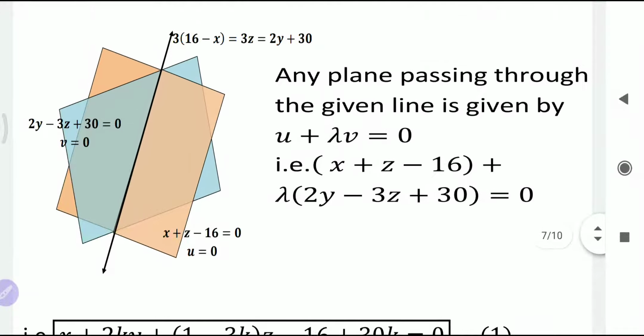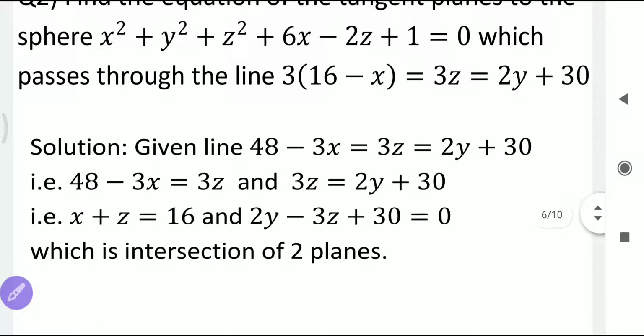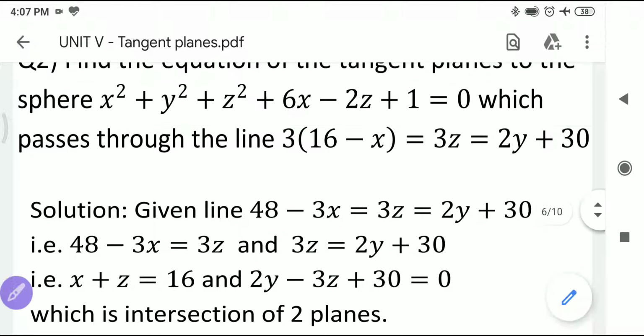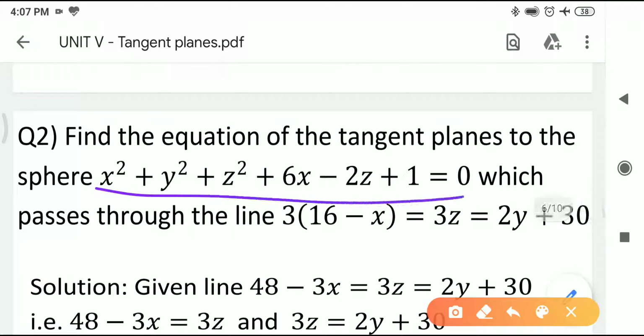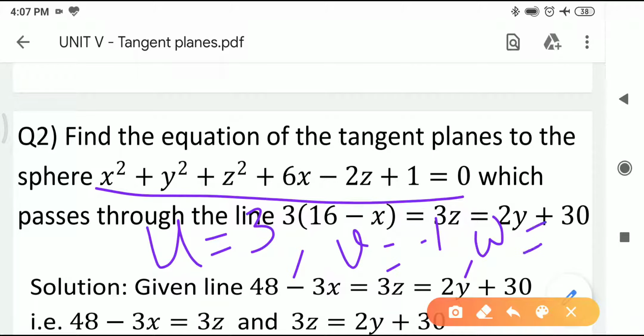We have the equation of the sphere as this. If you compare it with the general equation of the sphere, you can find the value of u as 3, the value of v as 0 because there is no y term, the value of w as minus 1, and d is 1.